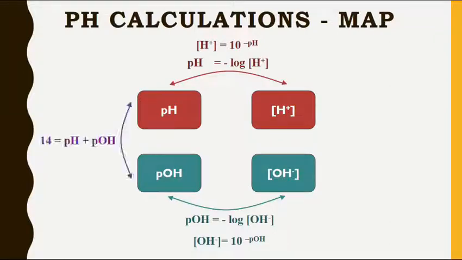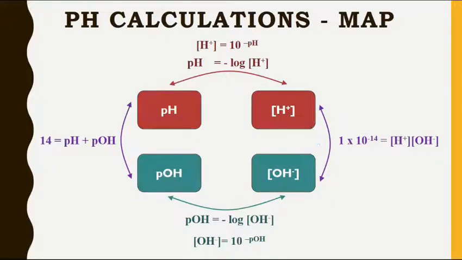Now remember that the easiest way to get back and forth between these two sides of this map is the fact that the pH plus the pOH will always equal 14. And this is usually as much as I use. Like I said, I don't really like that scientific notation equation over there, but if I am trying to get directly between these two, then it is useful.